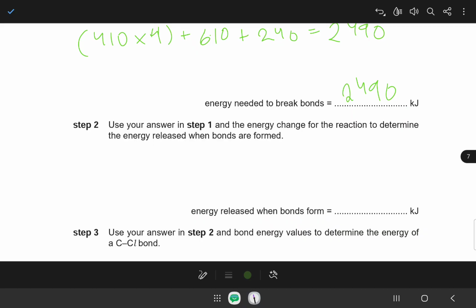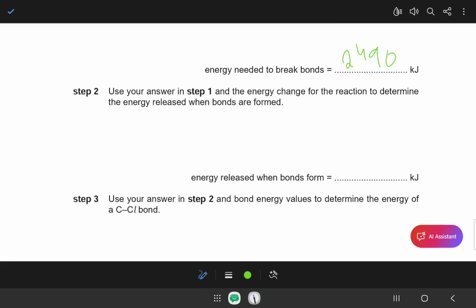Next, use your answer in step 1 and the energy change for the reaction to determine the energy released when bonds are formed. For this, we just have to add 2490 with 180, which is the enthalpy change.